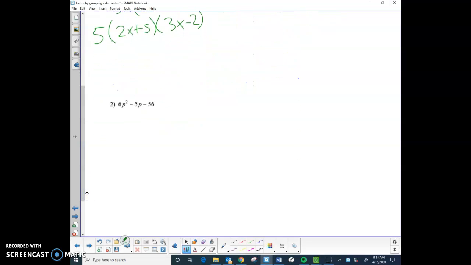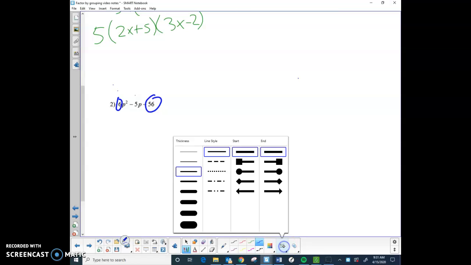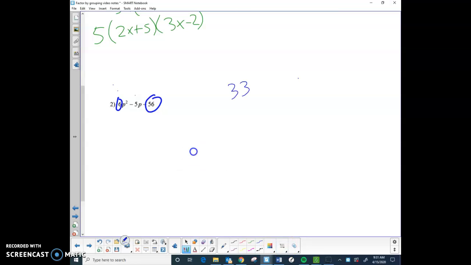All right, next example we're going to do. So I have 6p squared minus 5p minus 56. Now, I'm looking at this and there is no common factor that is going to pull out of there. So I'm going to multiply my 6 and my 56, which gives me 336.